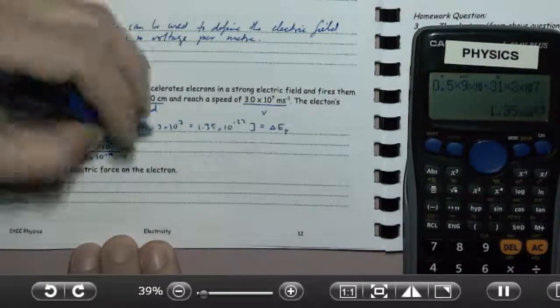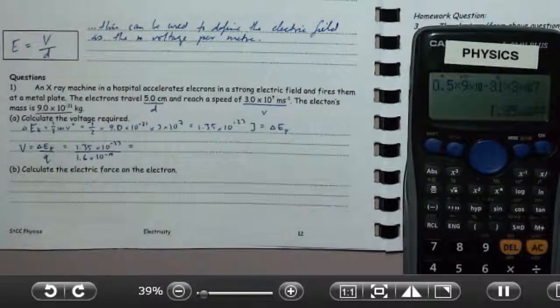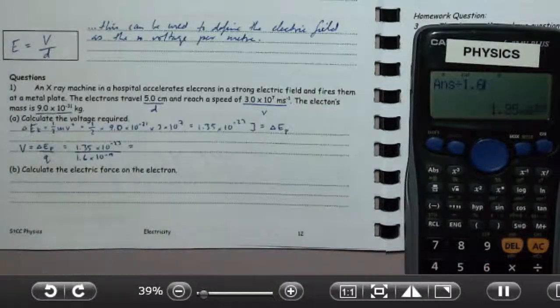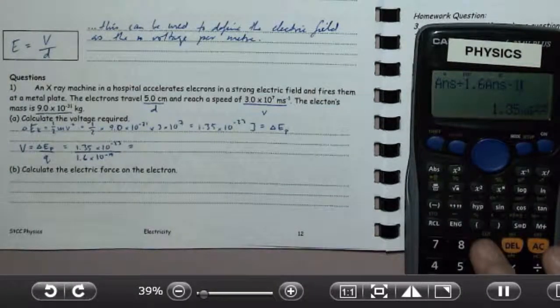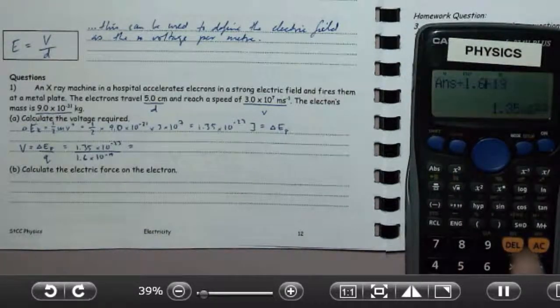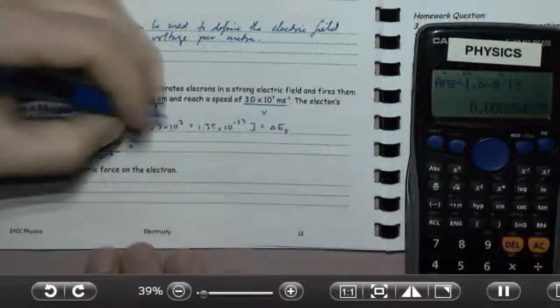So that should give us the voltage required. So it's... that does not look right. And the reason it doesn't look right is that I forgot to square this.